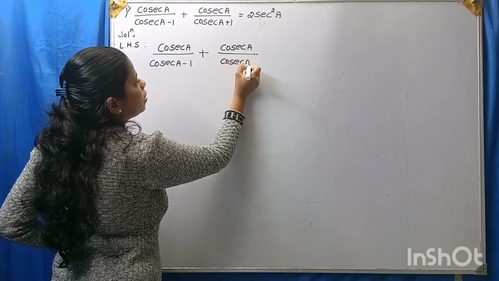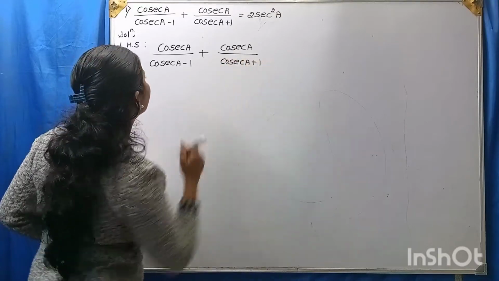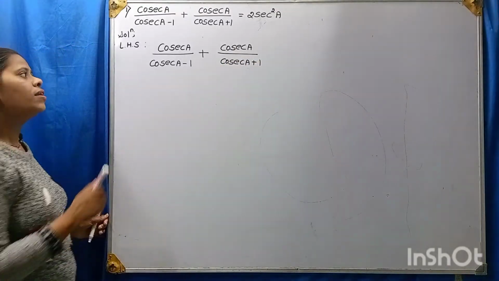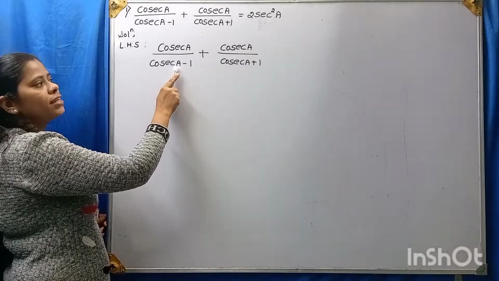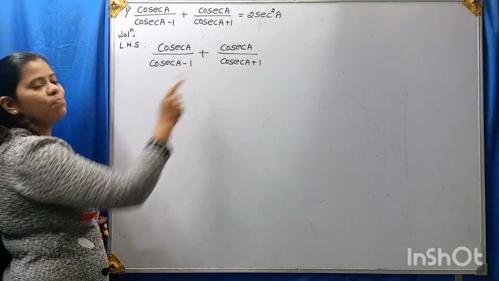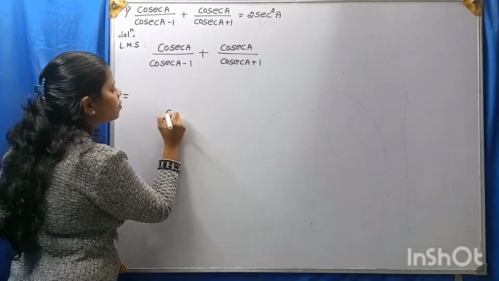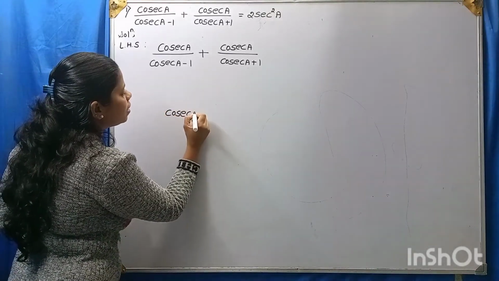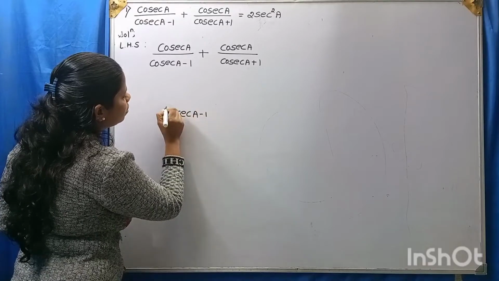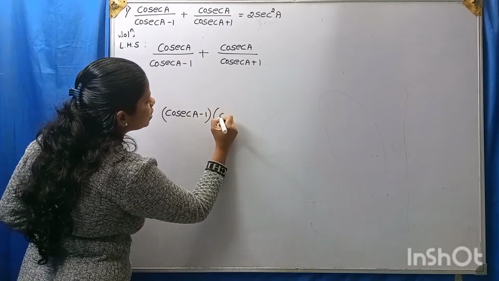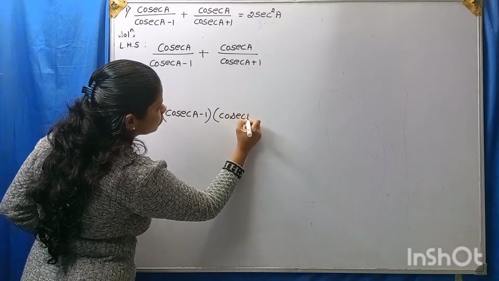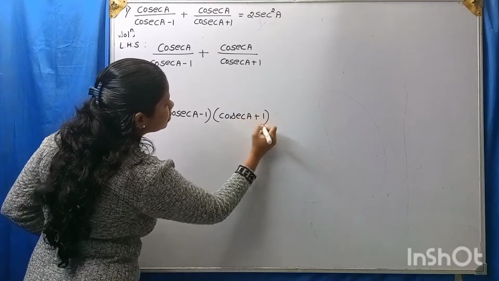Okay. Now let's take the LCM. Cosecant A minus 1 into cosecant A plus 1 is the LCM.